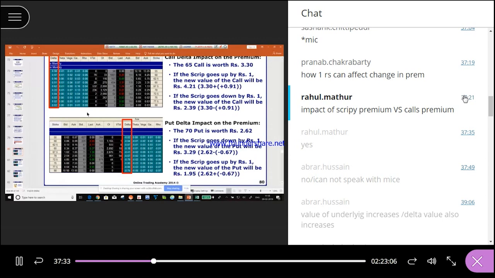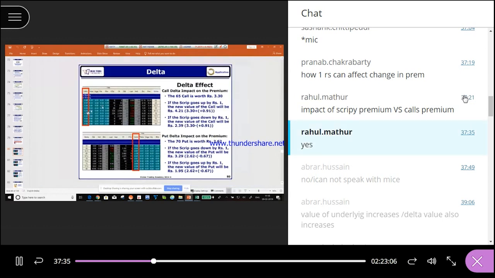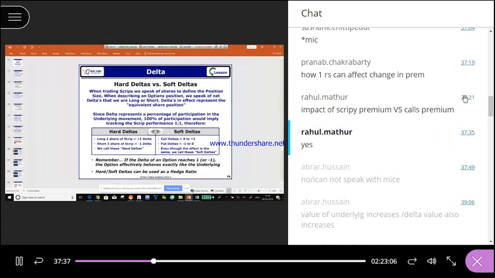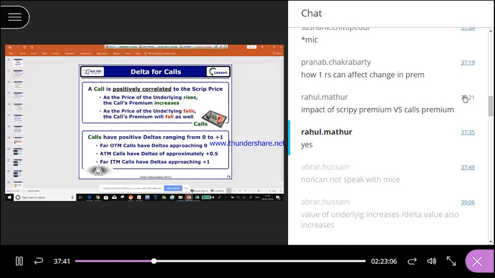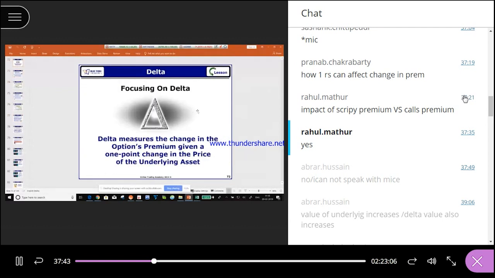Okay, guys, I think we'll have to go back. Okay, all of you, those who have not been able to answer, please read this first slide. यहाँ पे definition दिया है.